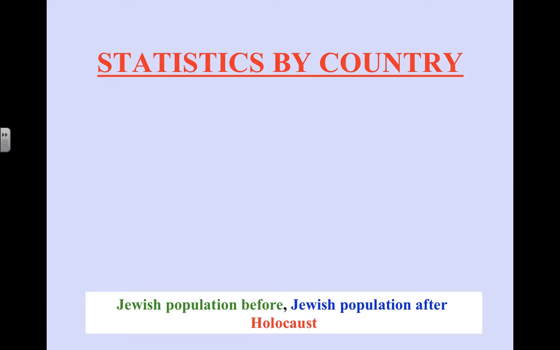Statistics by country. That just means the percentage of people within the country. And if you look, the green is going to represent Jewish population before the Holocaust, and then the blue is going to represent Jewish population after the Holocaust.